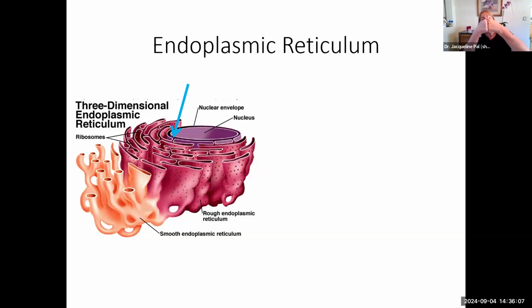They are attached to each other physically. All of this is endoplasmic reticulum, but you see this part that is closer to the nucleus has these bumps on it. It looks like it has a disease. Those bumps are ribosomes attached to it.